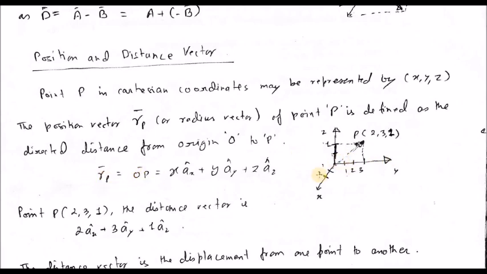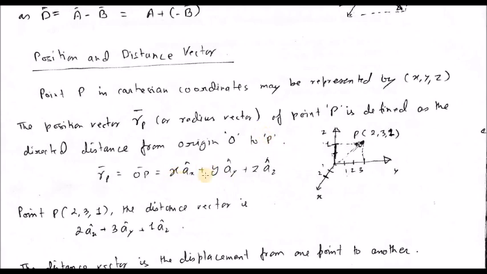Suppose this is the x, y, z plane. It is some random point P in the x, y, z coordinate system. So RP will be OP, so this is point P minus origin, and origin is 0, 0, 0. So it will be (x minus 0) ax plus (y minus 0) ay plus (z minus 0) az.